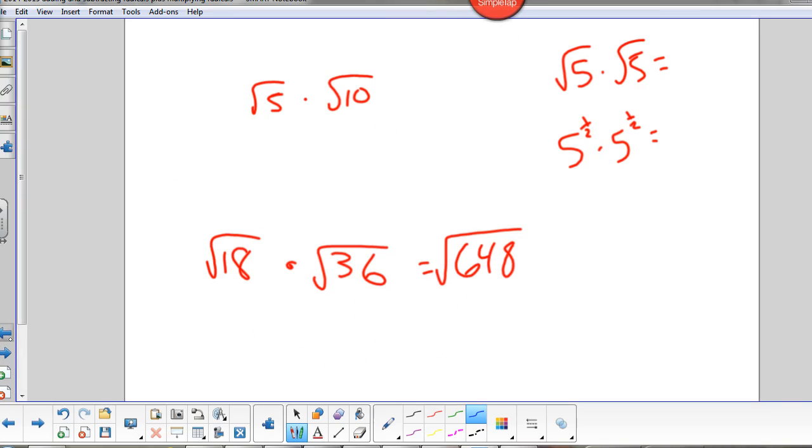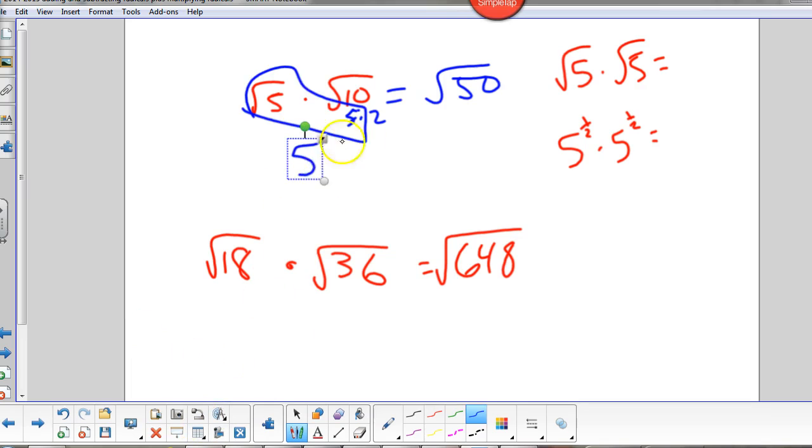Okay. So again, we see that we're looking for, if we can either multiply it to be root 50, or we see the pair of 5's in here. And this is 5 times 2. So the 2 is by itself. The two root 5's become 5, and then the root 2, the lone radical, stays inside.